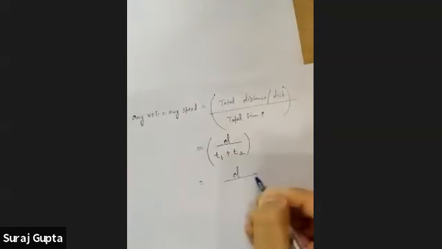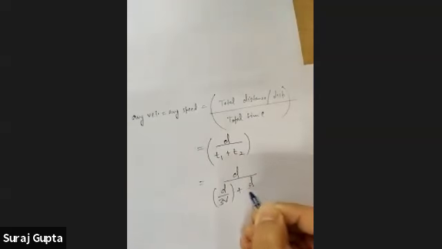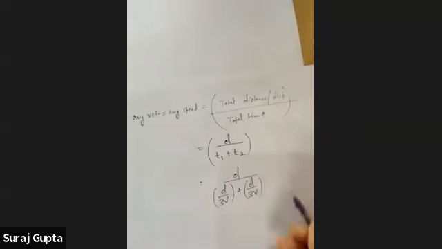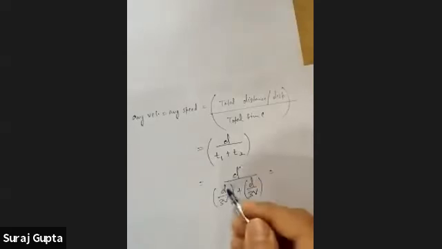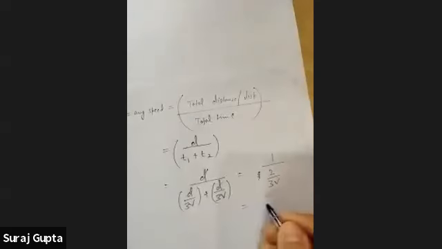So t1 was d upon 3v, and similarly t2 was also d upon 3v. Once you solve this, d cancels out. So 1 by 3 is common, the denominator would be 2 by 3v. So this comes out to be 3v by 2. This would be your answer.